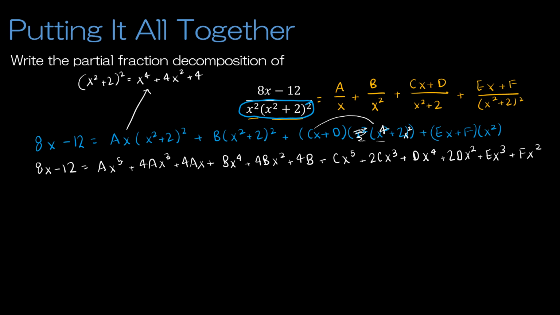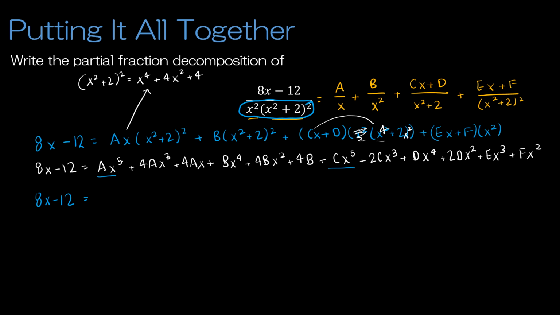Let's go ahead in this case and simplify by combining like degrees. So I've got 8x minus 12 on the left. On the right, I'm going to start with anything to the fifth power. So there's 1, 2, and that's all.